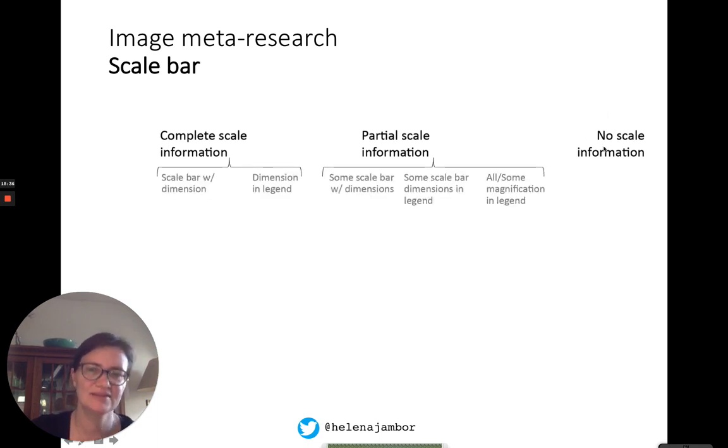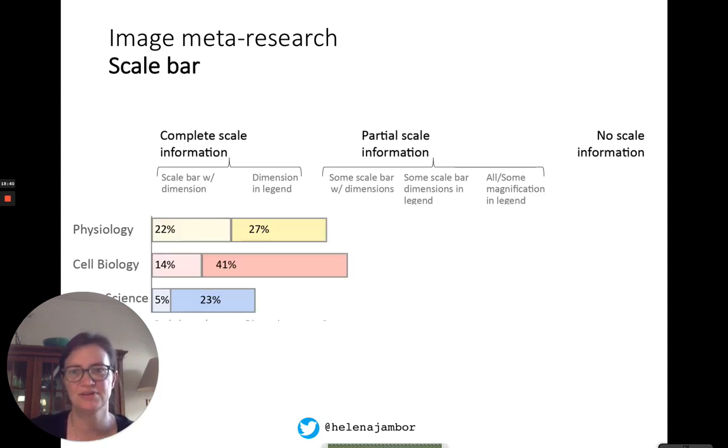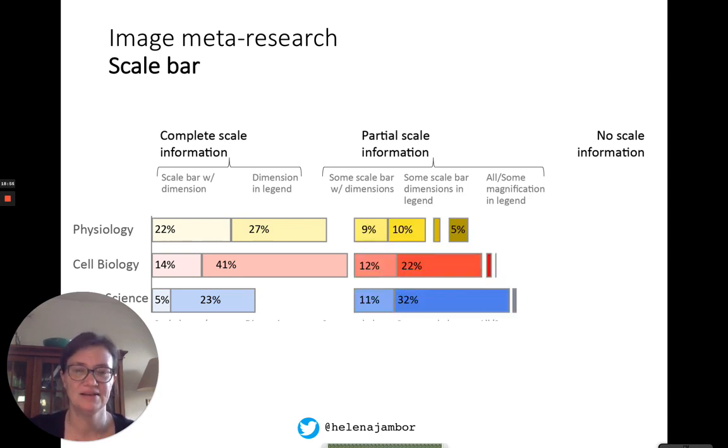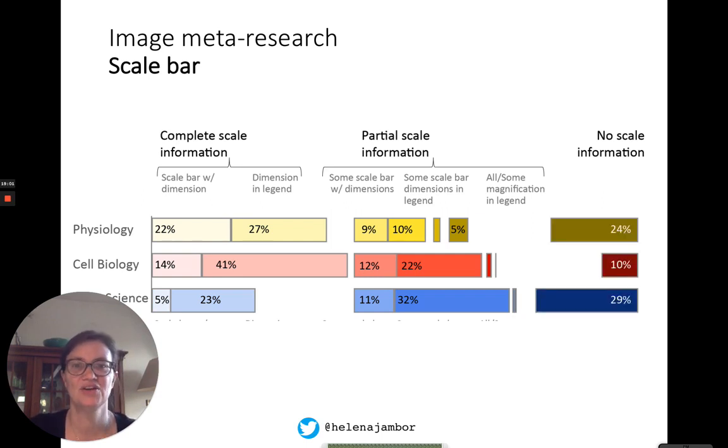So within these groups we made further subcategories, and you could read the details in the paper. But basically the take-home message is that only 30 to 40% of the papers with images had complete scale information. The majority had either partial scale information or, in fact, no scale information whatsoever.